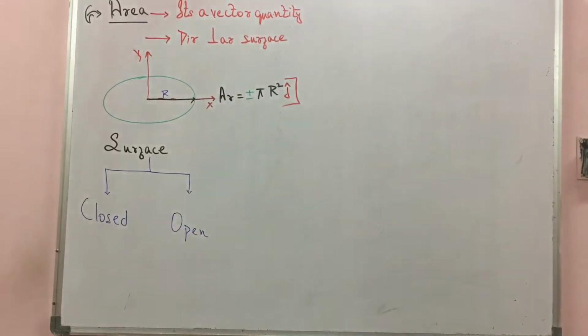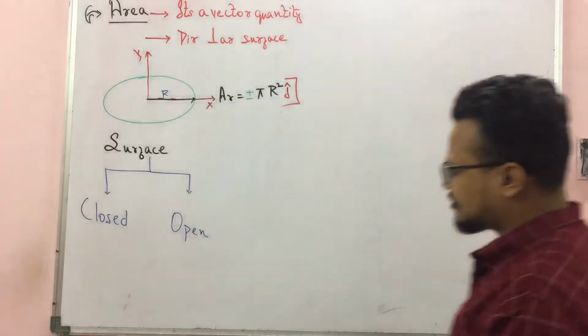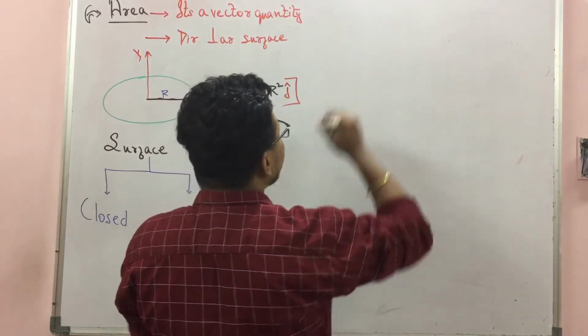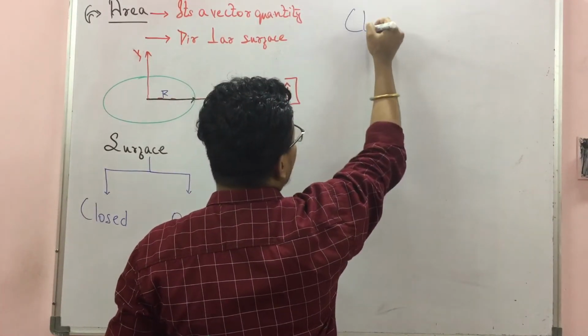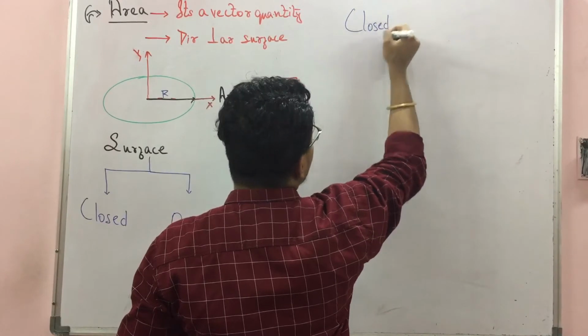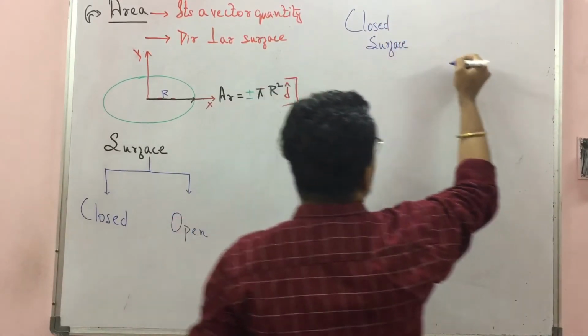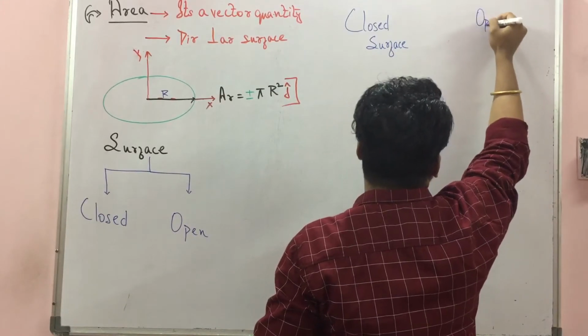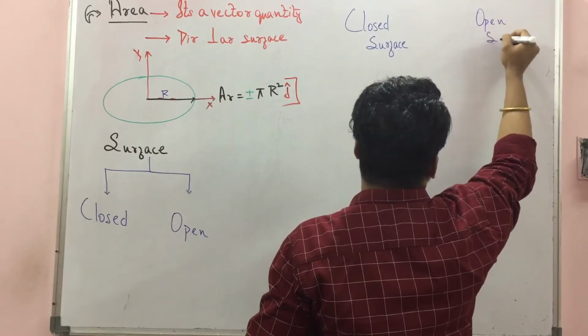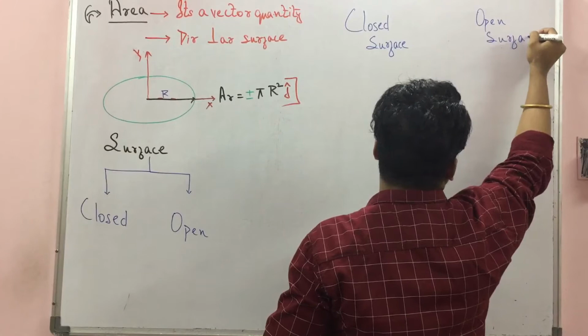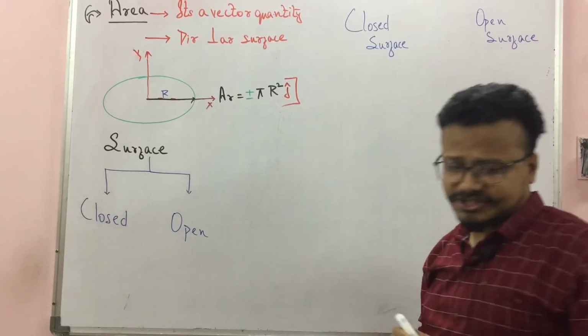What is a closed surface and what is an open surface? See it properly. Closed surface, and here is an open surface.